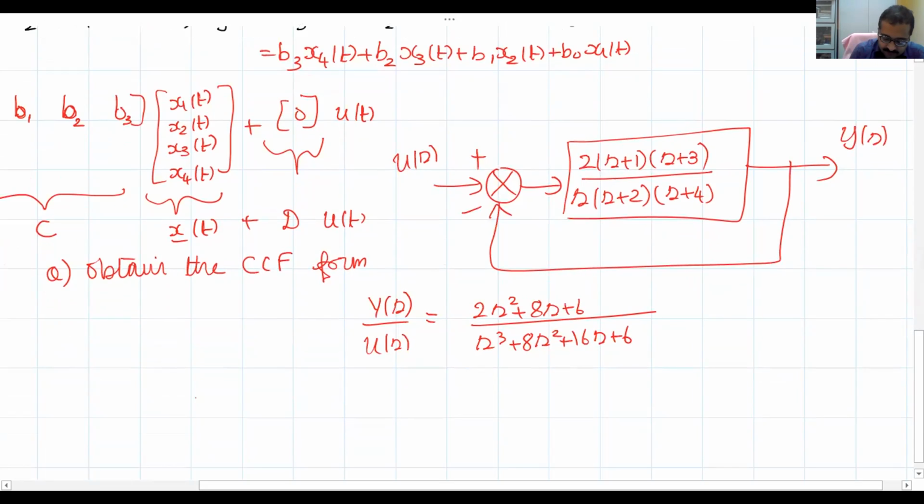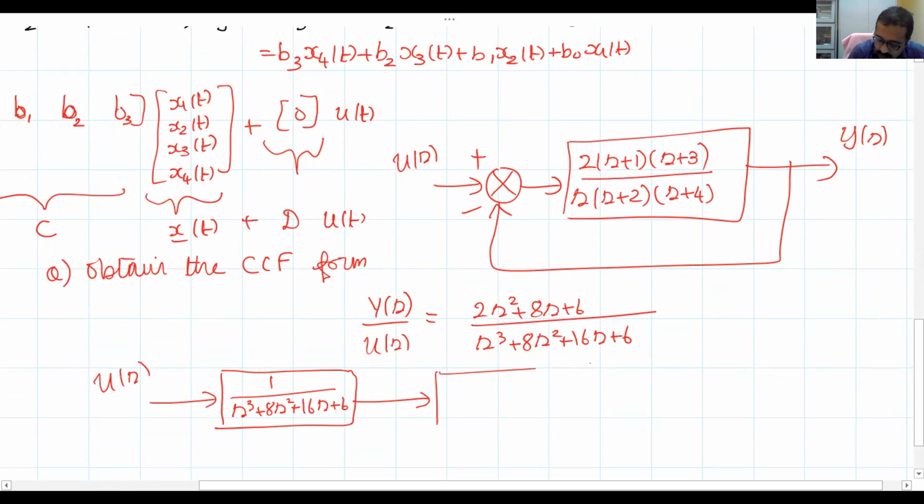Now what next? You can draw the figure. This is our u of s, 1 by s cube plus 8s square plus 16s plus 6, then 2s square plus 8s plus 6, and this is y of s. This is w of s, intermediate variable.